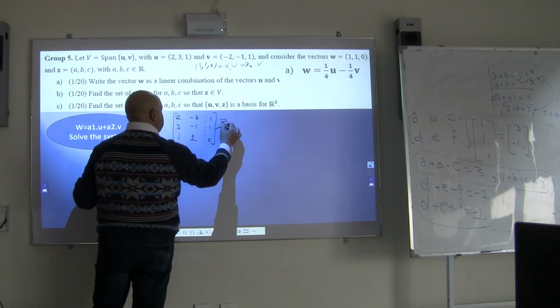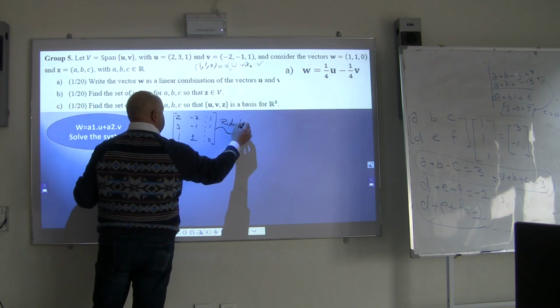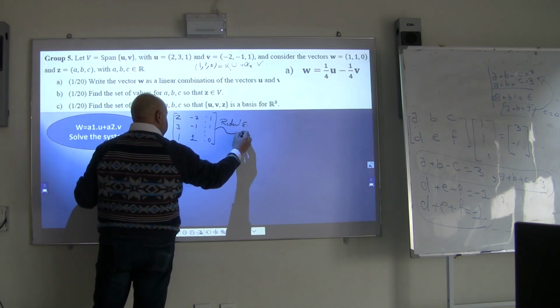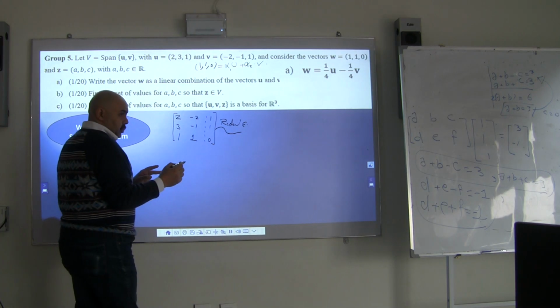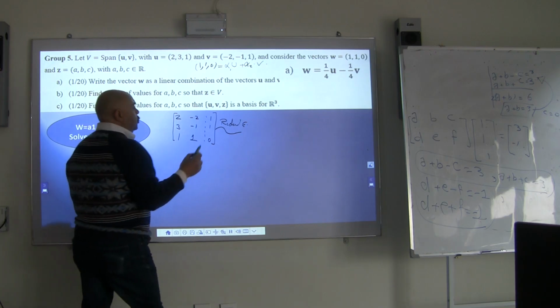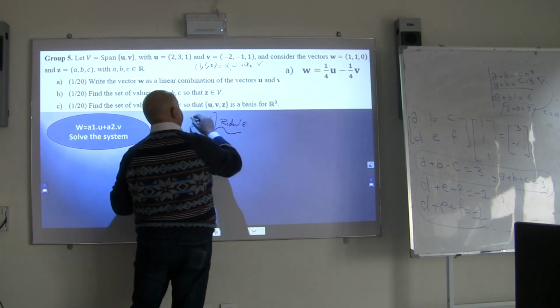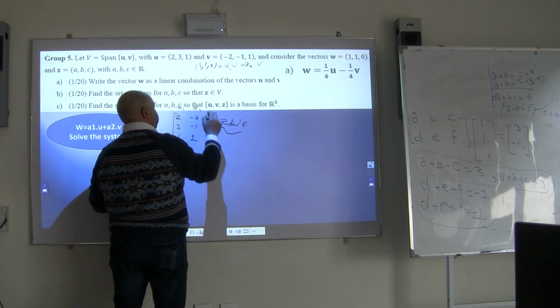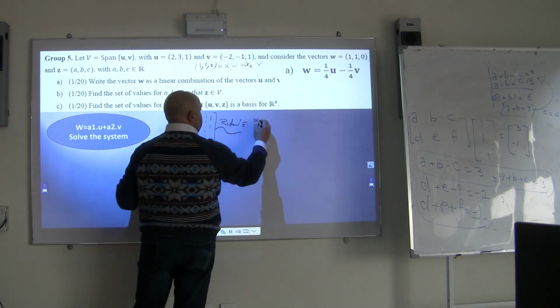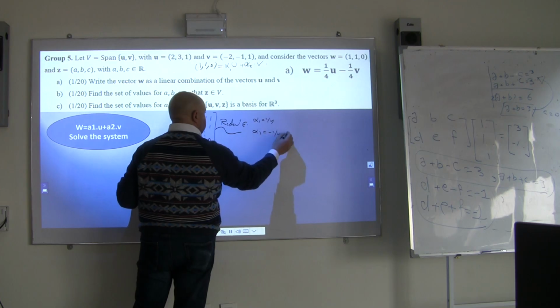Try to get to the reduced echelon form, and once you get there, you will find, in the columns of alpha 1 and alpha 2, that alpha 1 equals 1 over 4, and alpha 2 equals -1 over 4.